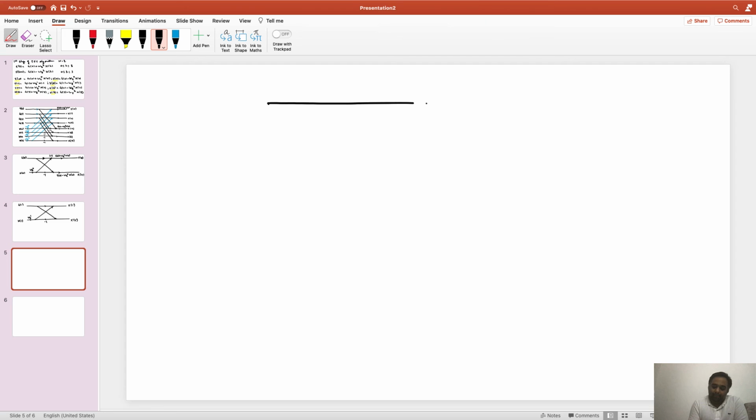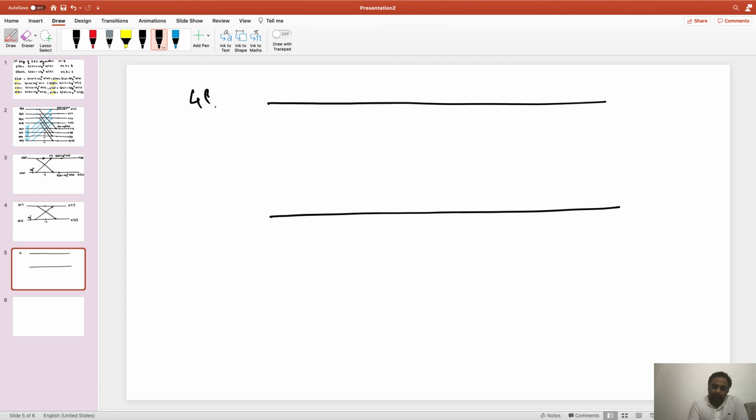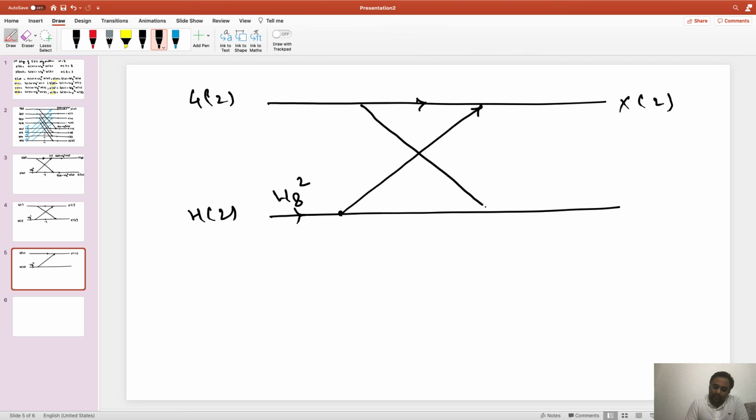Then you have G2 and H2. H2 gets multiplied by W8^2. It goes up here like this, gets added, and you get capital X2, and this comes down, there is a -1, and you get capital X6.